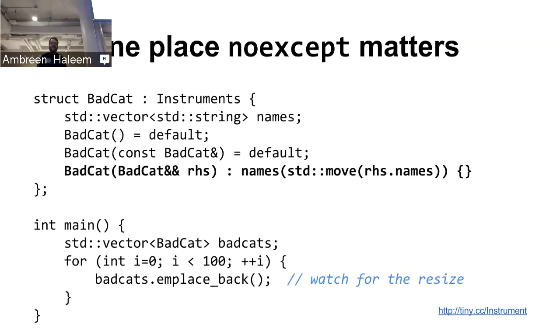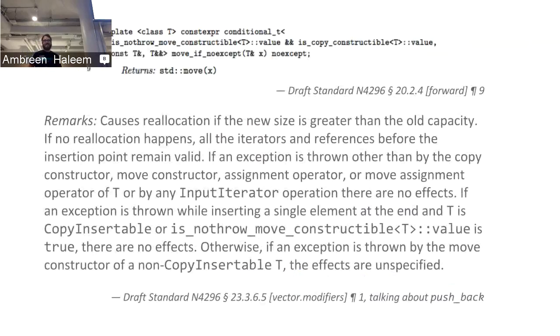The way that vector ends up doing this is here's a ton of standardese. And if you don't know about this already, you probably are not going to infer it from what the standard says. But reading between the lines, what it says is we need to provide the strong exception guarantee. Therefore, we're going to try to move construct these things.